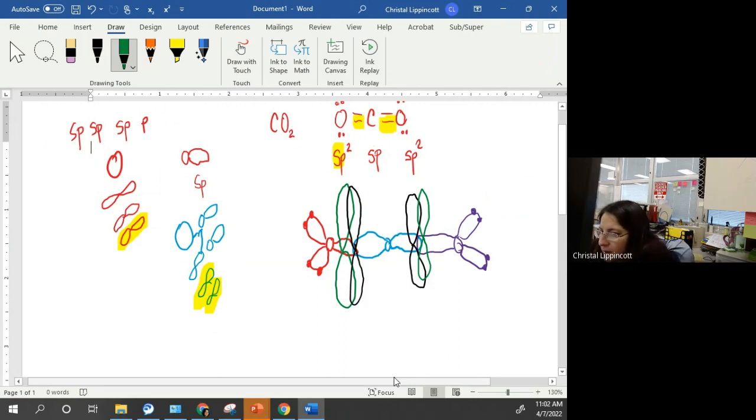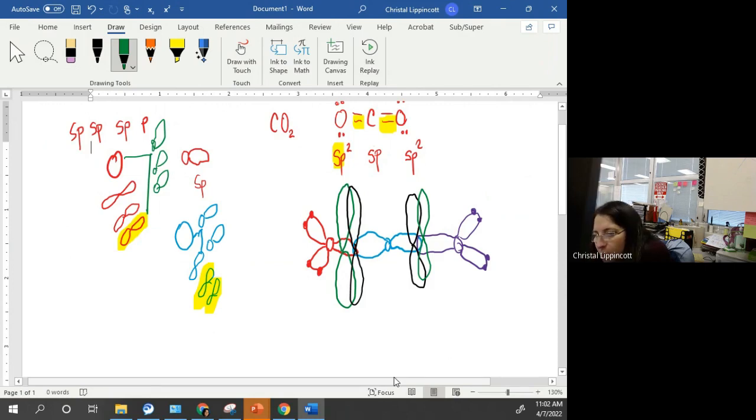You count how many p's hybridized. So for this one, you had 2 p's that hybridized to give you 3 of these. So you had 1 here, 1 here, and 1 here.